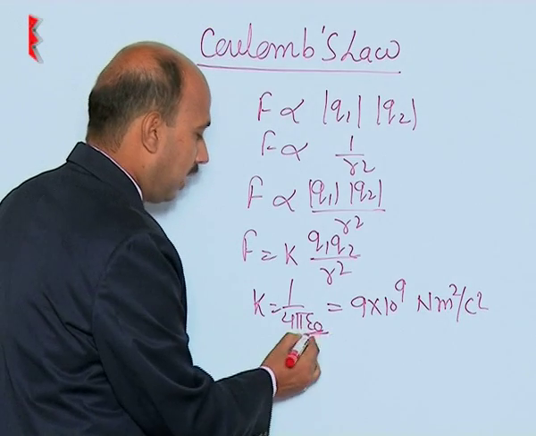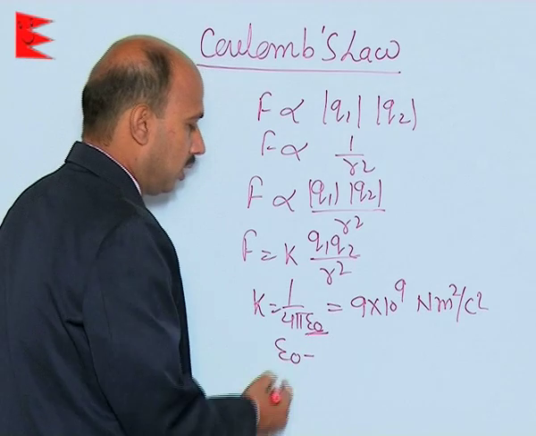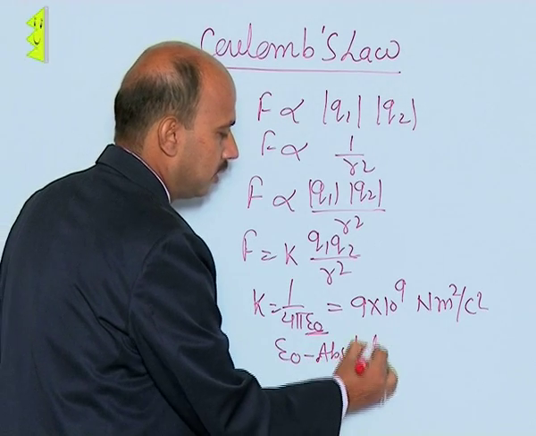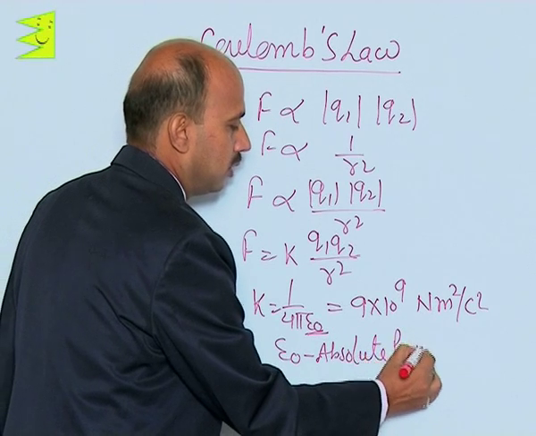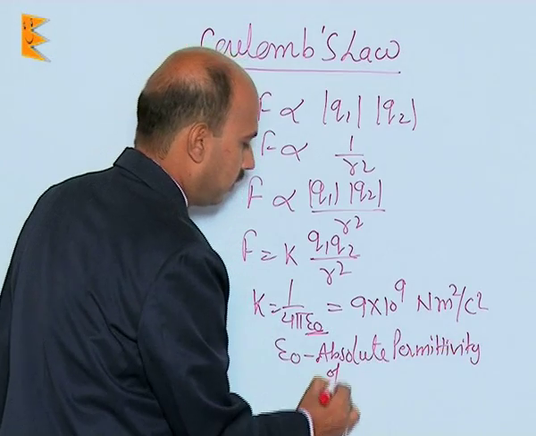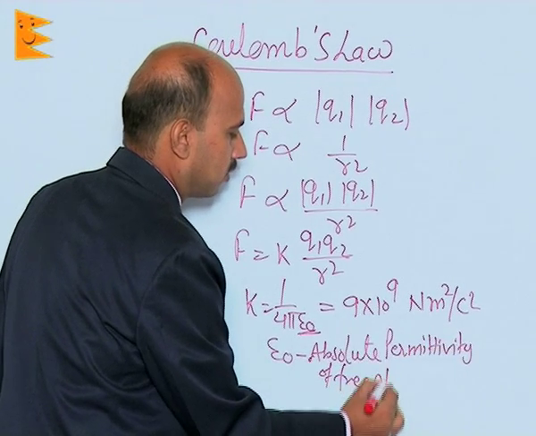Now here this epsilon naught is called absolute permittivity of free space.